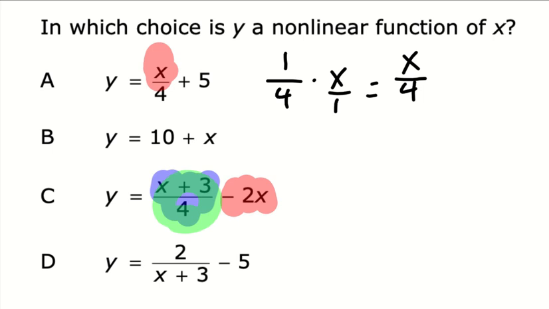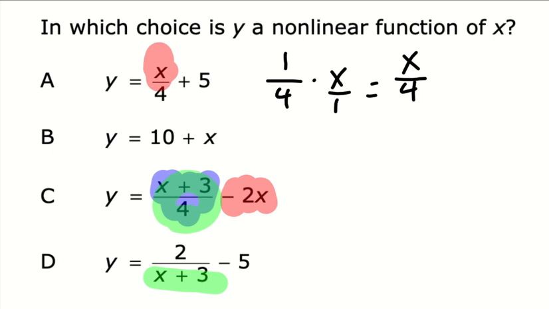What about the last one? Thing on D. It's on the bottom, and that's the part that's not allowed, okay? So nonlinear functions have exponents on variables, have variables, especially x, as a denominator, or you'll see things like square roots.